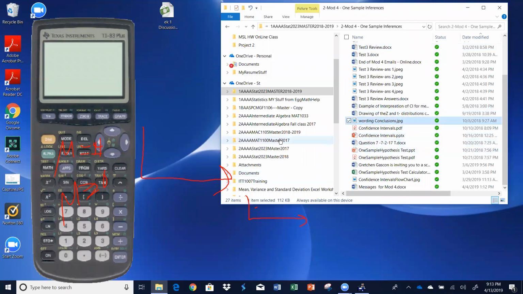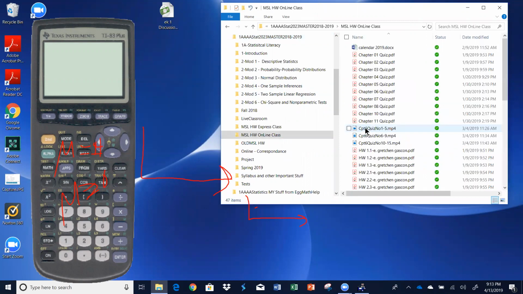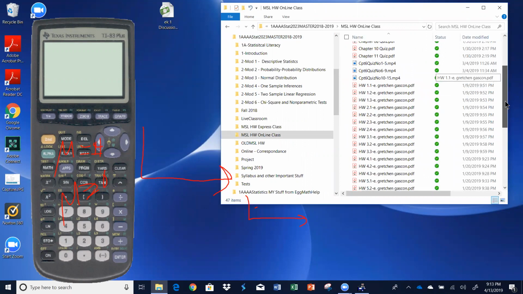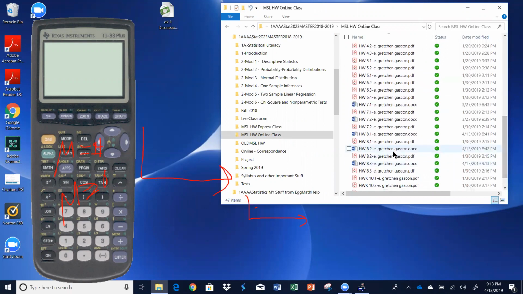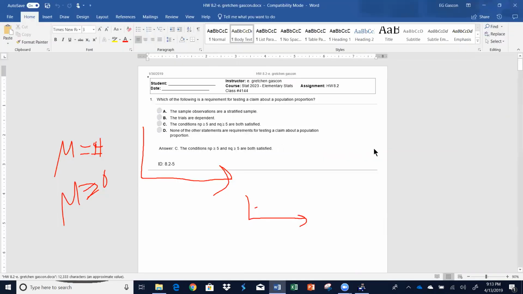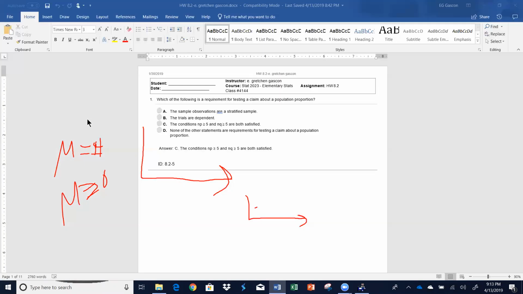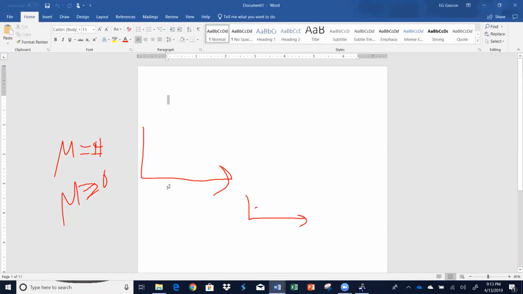First I'm going to give you, I need to get rid of these things.